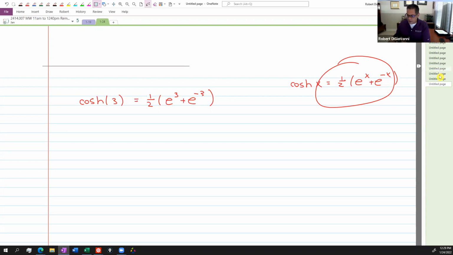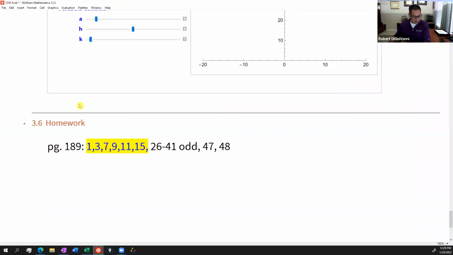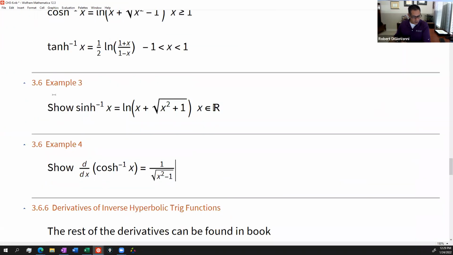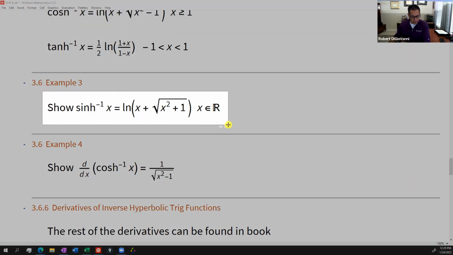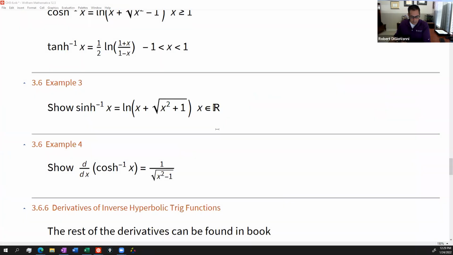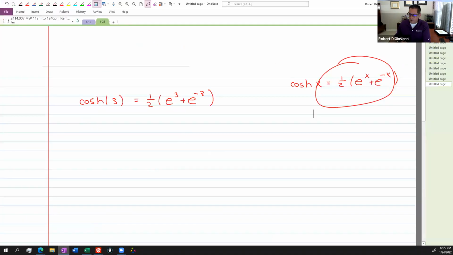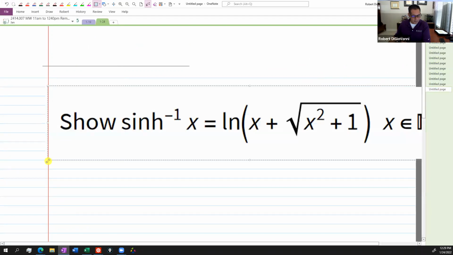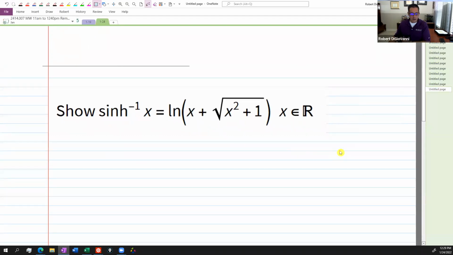Okay, I've got 10 minutes, so I think I have enough time. I want to show you all this example. I want to show this is true. This is me trying to prove to you what the definition of an inverse hyperbolic trig function is. Remember, this is not a derivative, right?